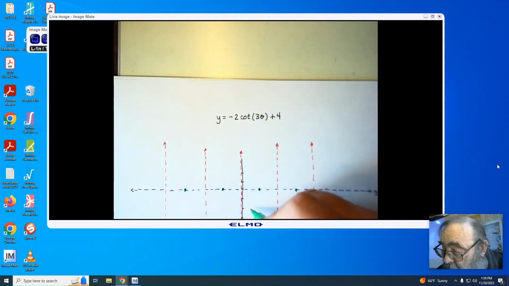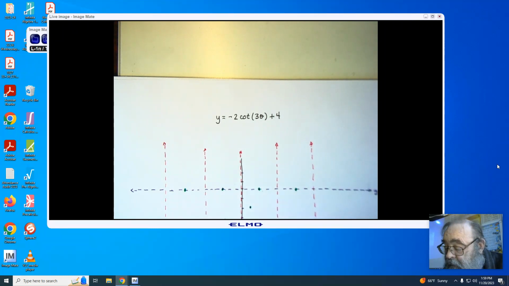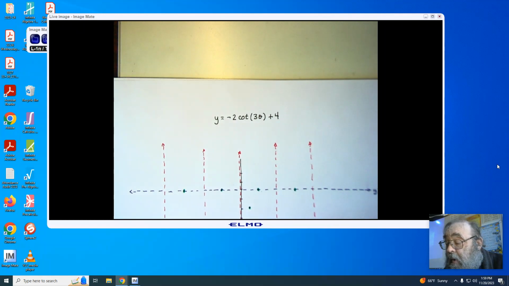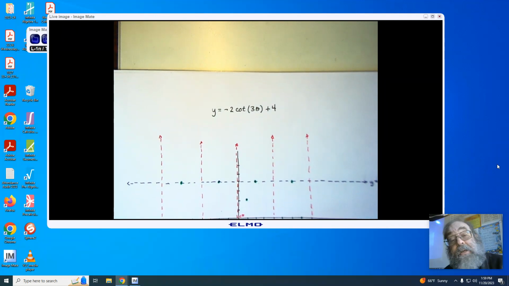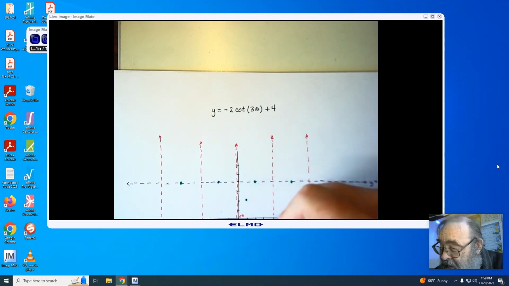So at pi over 12, I'm at 2. Then I put in 3 pi over 12, which is pi over 4, 3 pi over 4, excuse me, and that gives me a negative 1. Negative 1 times negative 2 is positive 2, and positive 2 plus 4 makes 6.